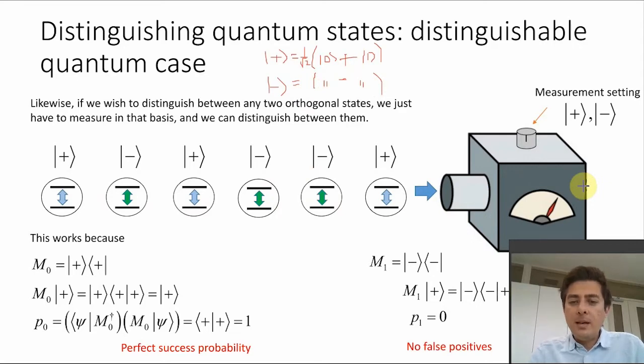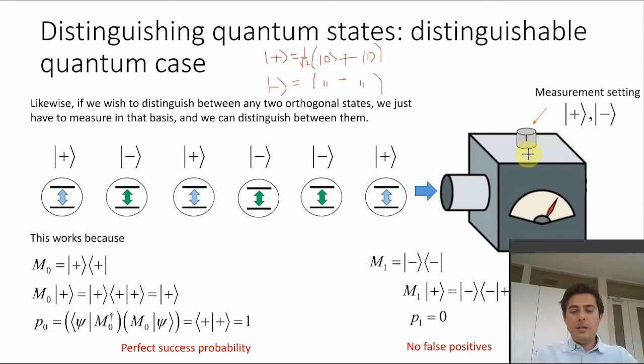This is actually an example where we can still distinguish between the two types of states with 100% probability, because we have this knob on the box, which you can tune to set the type of measurement you are doing. If we didn't have this knob, we wouldn't be able to do it.